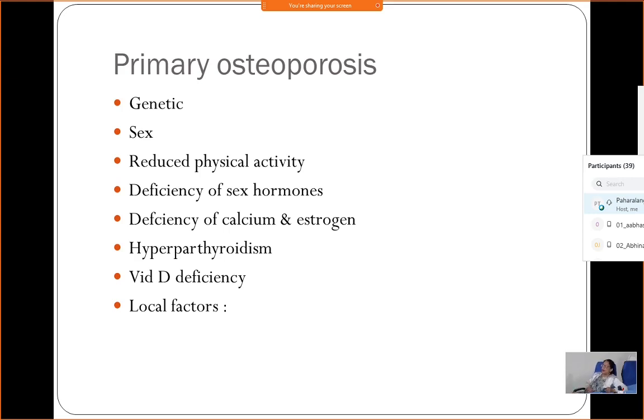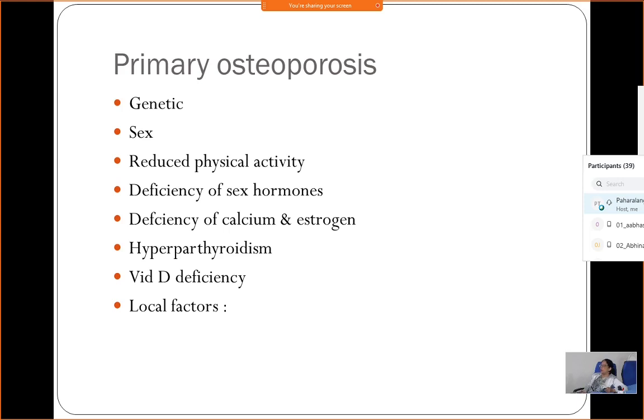So what is primary osteoporosis? As I said, genetic factors, and gender: women are more prone to osteoporosis compared to men. Reduced physical activity. As you know, physical activity is necessary for peak bone mass, but as the person ages, the physical activity is reduced, and that adds to the burden of osteoporosis.